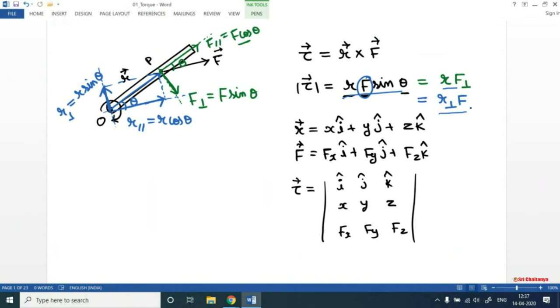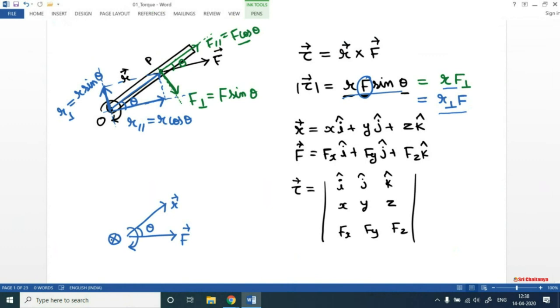That means if you draw the vector r and vector F, and let's say the angle between them is theta, and you curl the fingers of your right hand along r to F, then the direction of thumb, which would be inward in this case, will be giving you the direction of torque.